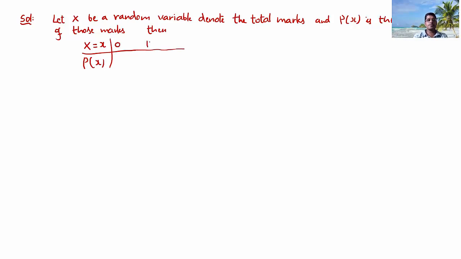0, 10, 20, 30. So for getting 0 means A, B wrong. That is the meaning. For getting 10 means A correct, B wrong.